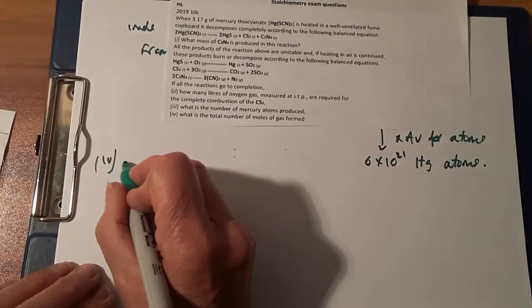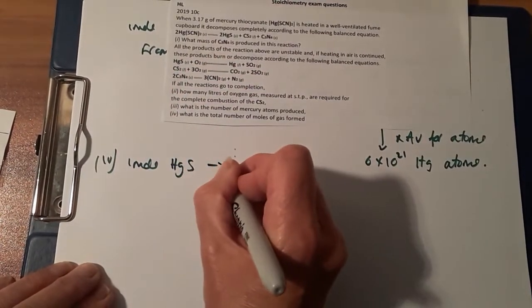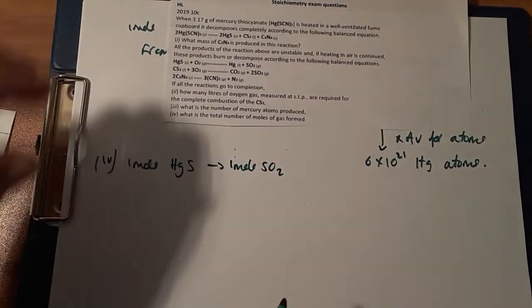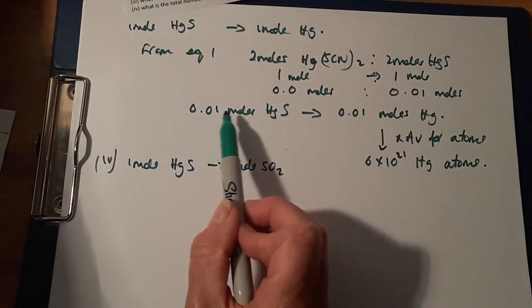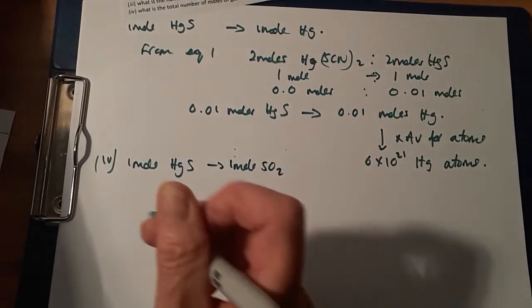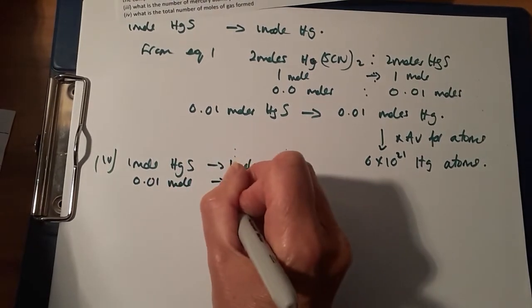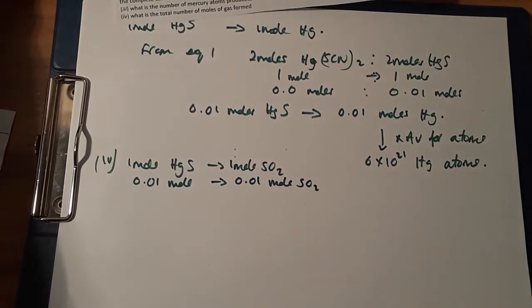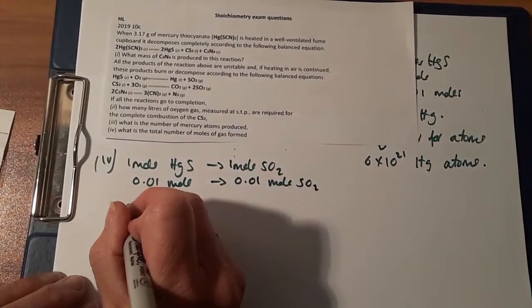So 1 mole of HgS gave you 1 mole of SO2. Now, how many moles of HgS did we use? We are using 0.01 moles of HgS, so that means 0.01 mole gives you 0.01 mole of SO2. That's the first one. Now, CS2.